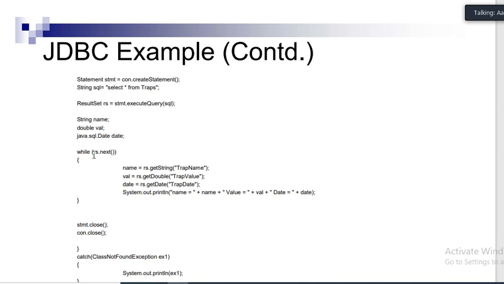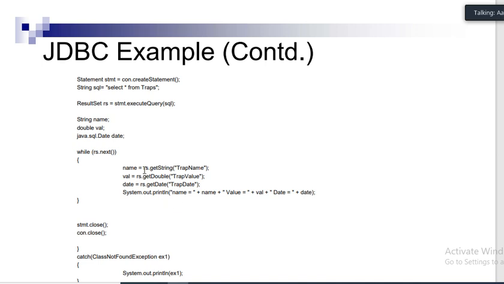Then you process the result set just like an iterator. rs.next() runs as long as there is a next row. rs.getString with the column name, such as company name or trade type. Otherwise you can use rs.getString with column index 0, 1, 2 as well.